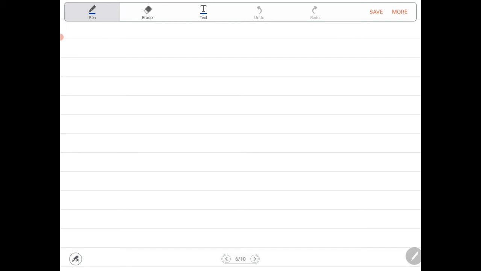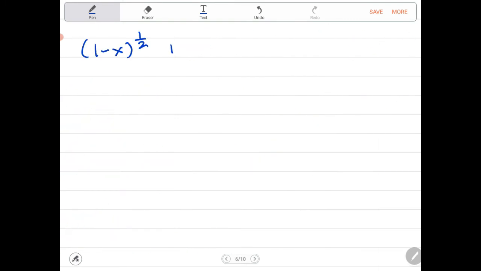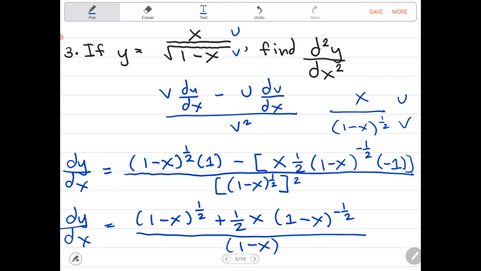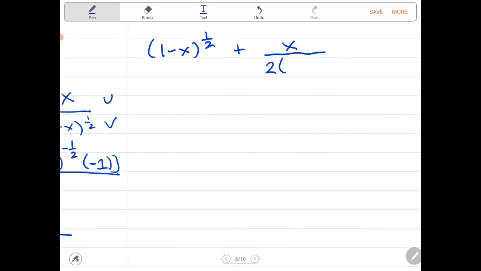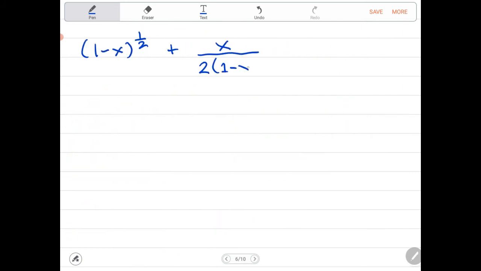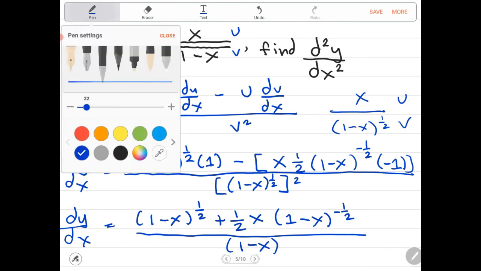So we have 1 minus x raised to 1/2, then plus this one will become x over 2 times 1 minus x raised to 1 half. So let's work out first the numerator. So ito lang yung wina-work out natin, guys.